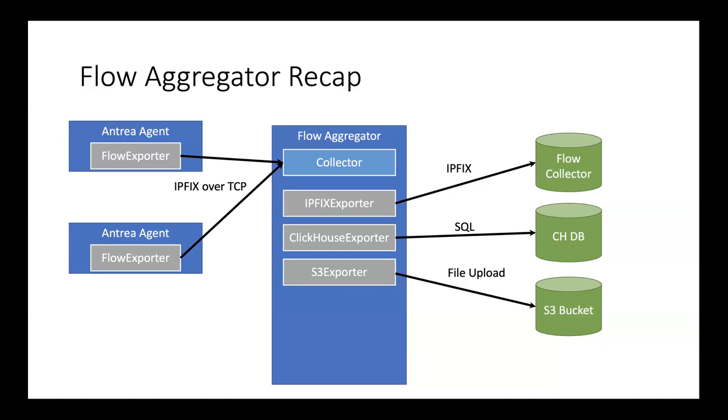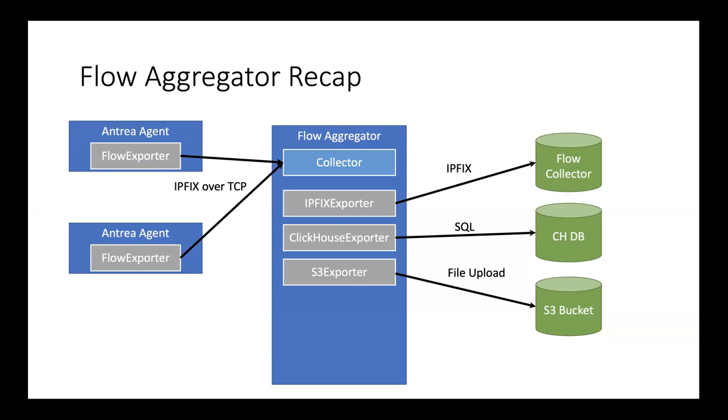At the moment, we support 3 different exporters. We have what I want to call the legacy IPFIX exporter, which is able to export aggregated flow data using IPFIX to an external collector. We have the ClickHouse exporter, which is really used by the Theia subproject today.